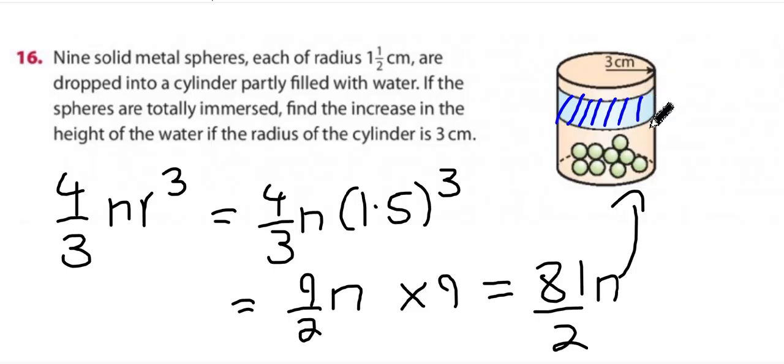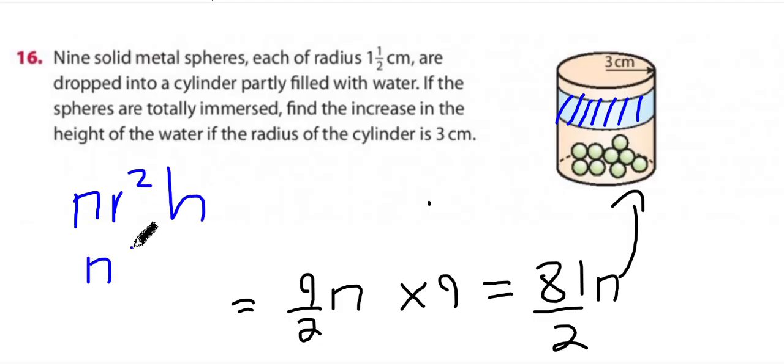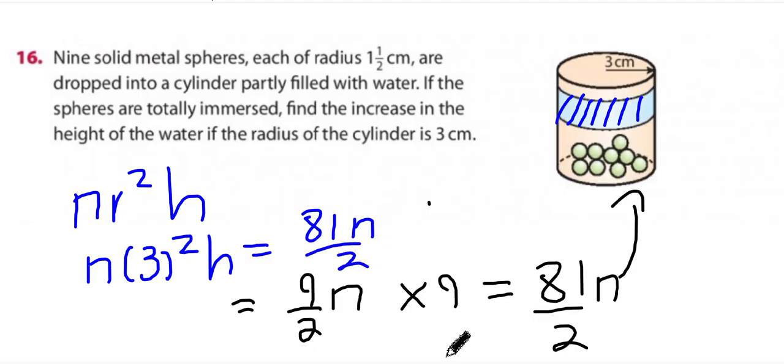Now, see this water increase. What shape is that in? It's in the shape of a cylinder. And it has to be the same size as those 9 balls. So, I'm going to use the volume of a cylinder formula. So what's the volume of a cylinder formula? Pi r squared h. What's the radius? And that's 81 pi over 2.